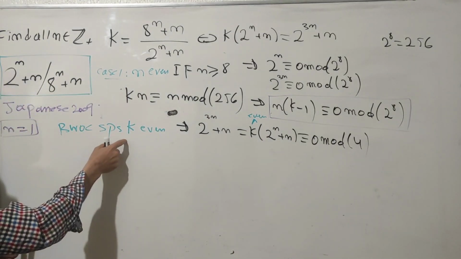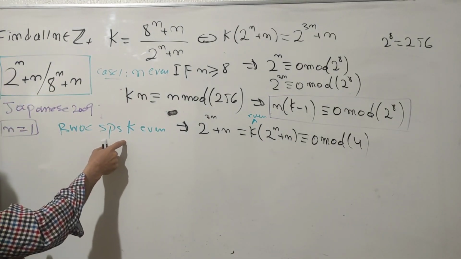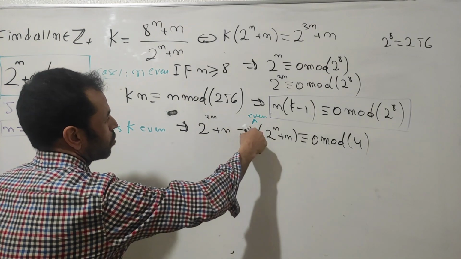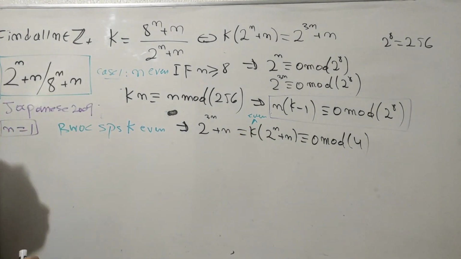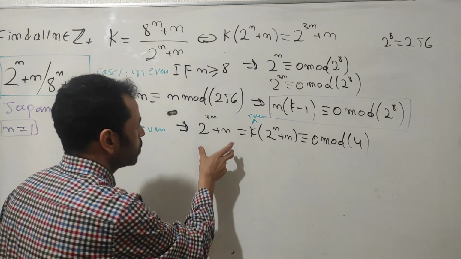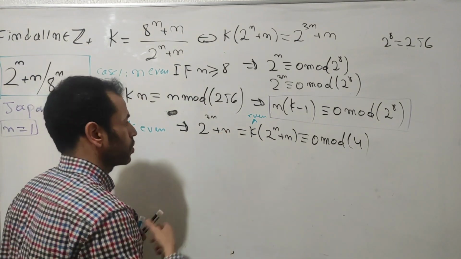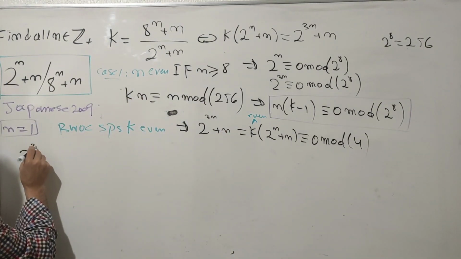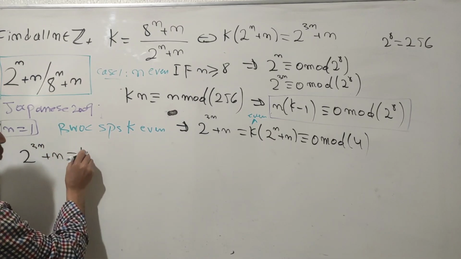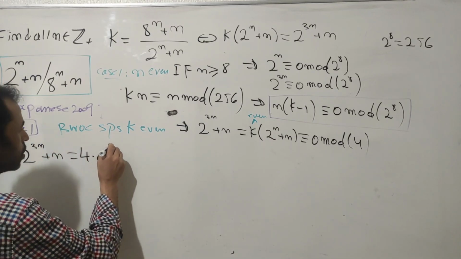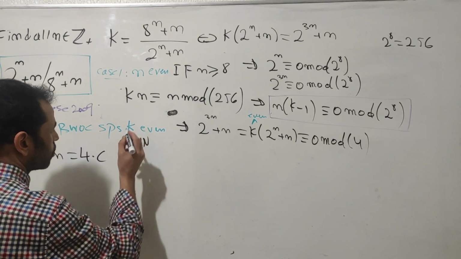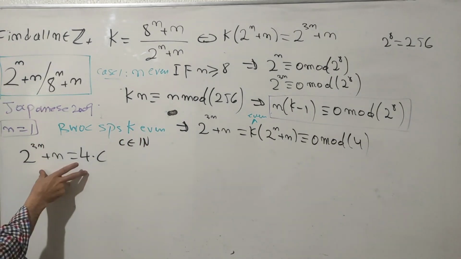But this one, based on this assumption that we have, is not true yet, because we are building our proof based on this assumption. So this one will be a multiple of 4. We get 2 to the 3n plus n, which equals 4 multiplied by c. What is c? It is some integer or some natural number. I'm not going far away from this.